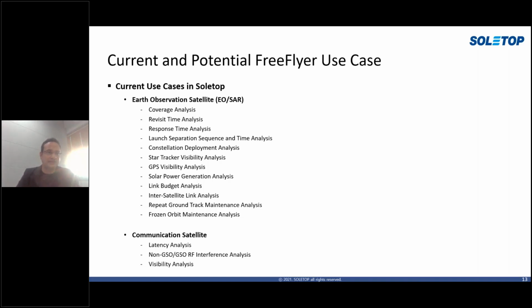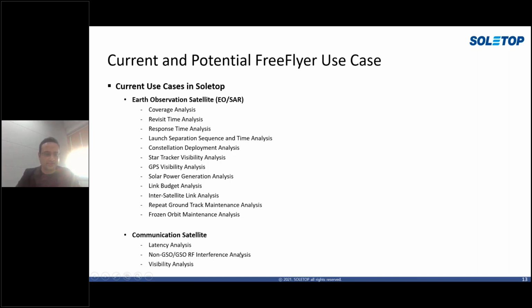Current use cases in Soletop can mostly be categorized in two parts: one is Earth observation satellites, and the other is communication satellites, because these two are the major portions of our satellite implementation using FreeFlyer. All these parameters and analyses have been carried out in Soletop and then presented to the customers when needed. These practices and demos have been demonstrated to the customers when needed.